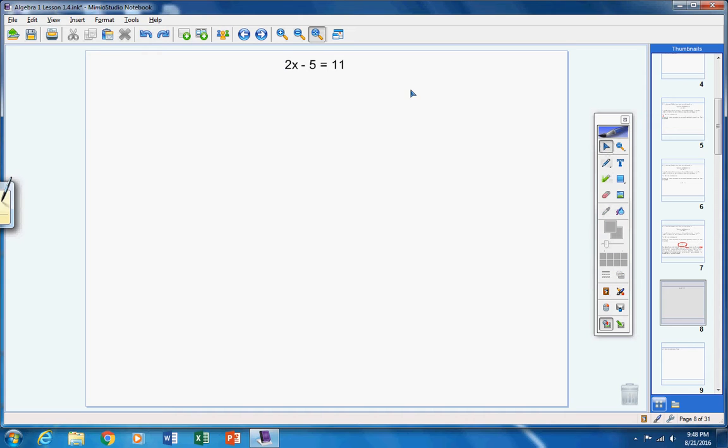Now just stop and relax and think this through. I want this entire side to equal 11. I know that from this expression, I'm subtracting 5. Everybody see that? Minus 5. So if 2x were 16, I would be okay, because what's 16 minus 5? 11.